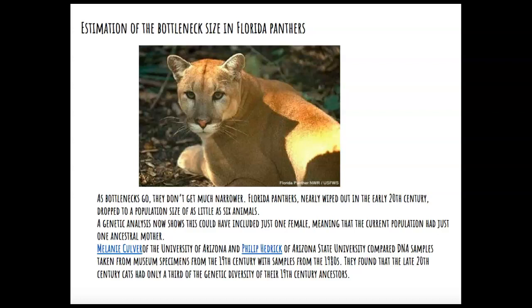And so because of that, there was a lot of inbreeding in the panthers that came from this ancestral mother, and it led to some individuals having kinked tails or depressed immune systems, and a very, very low genetic diversity.